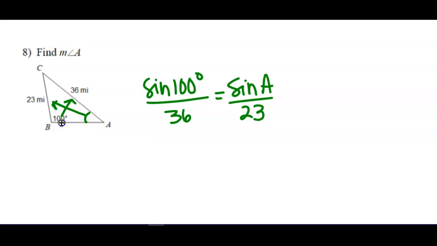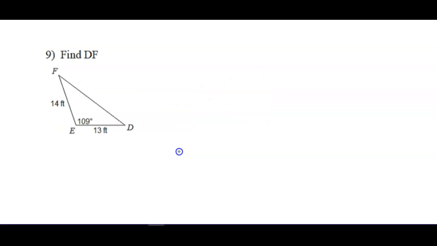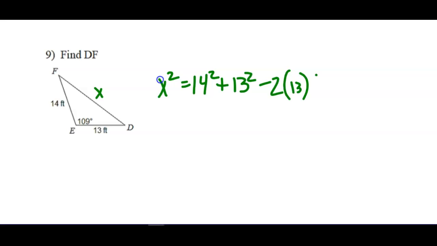But if you already have 100, there's never going to be another obtuse angle, so there's only one possibility. Remember, you'd have to do inverse sine at the end of that. All right, this one says find DF. So this would be law of cosines. And don't forget to square root at the end.